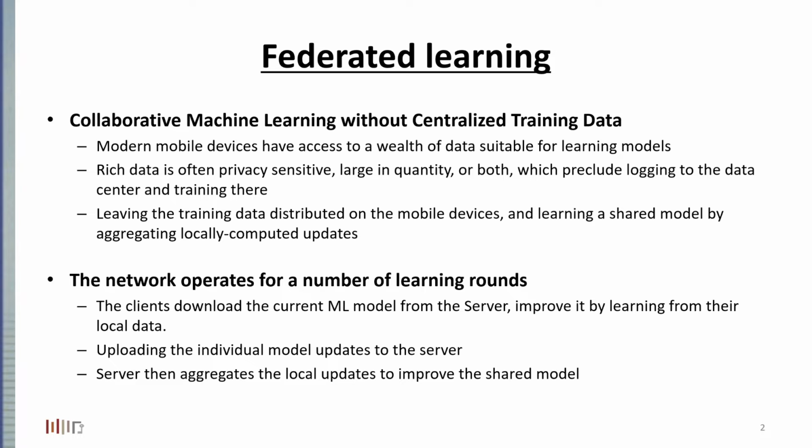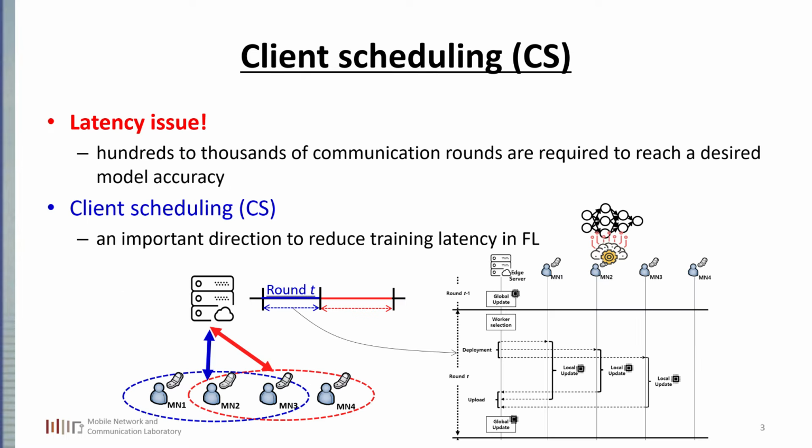In each round, the clients that participate in the federated learning download the current ML model from the server and improve it by learning from their local data, and then upload their individual model updates to the server via wireless link. And finally, the server aggregates the local updates to improve the shared model. This decentralized machine learning approach is termed federated learning.